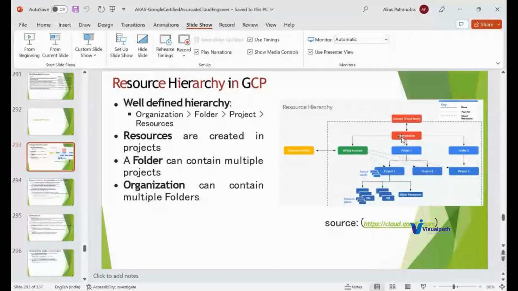Then when you are setting up any kind of resources, those come under those projects. So let's say retail customer A, and then the VMs under it. It falls under retail customer A. And if you have a retail customer B and you don't want to set those under retail customer A, you can create a new project and start working on those resources under it.